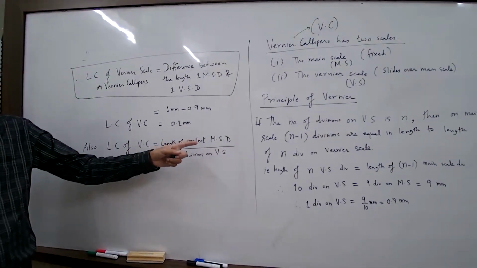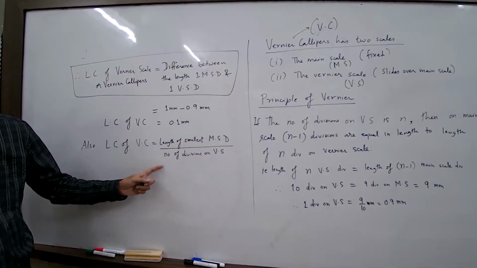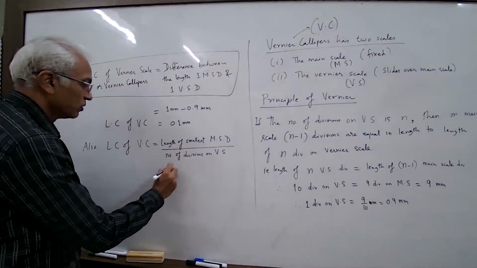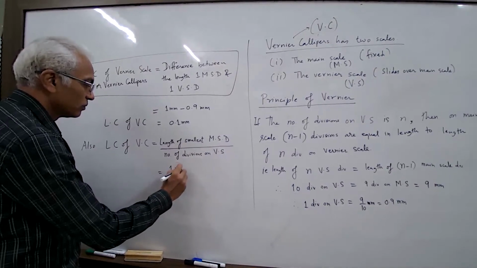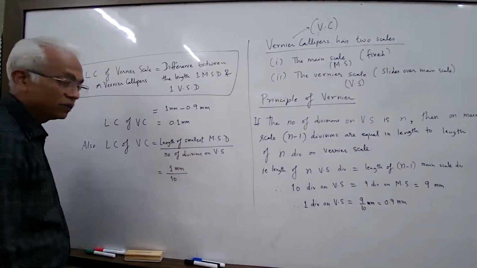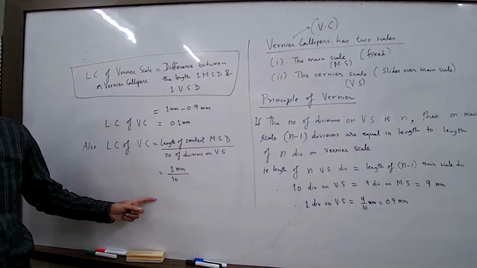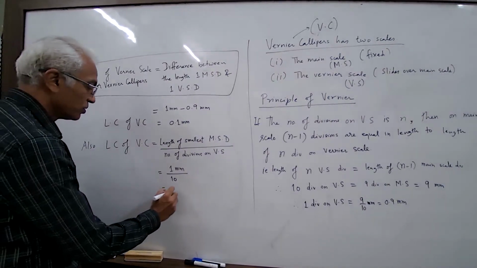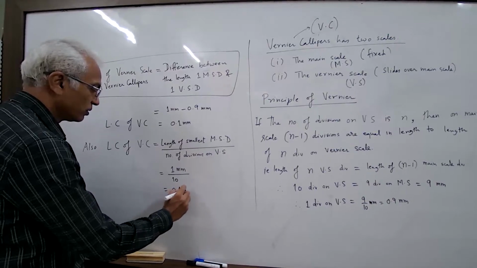Length of smallest main scale division divided by number of divisions on vernier scale. So what is the smallest main scale division? 1 millimeter. And what is the number of divisions on vernier scale? 10 in this case. Okay? So what is the least count here? 0.1 millimeter.